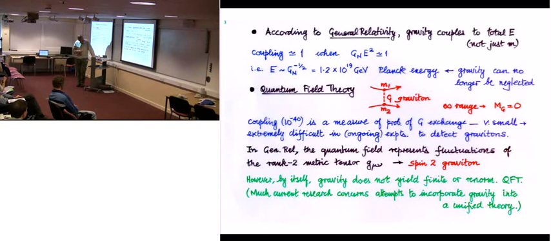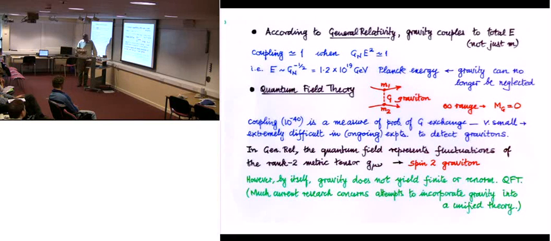In quantum field theory, this fluctuation of the graviton being exchanged is really a fluctuation of the metric tensor of space-time, g mu nu. And because we've got two Lorentz indices, this is why this graviton has spin 2 nature.